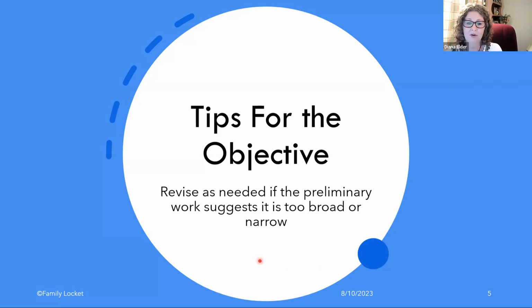And by the same token, it could be a little bit too narrow. Maybe you're realizing there's just not enough DNA for whatever you're trying to prove, and you perhaps need to broaden that out and change your objective a little bit. So this is a good time to think about that when you're in this phase.